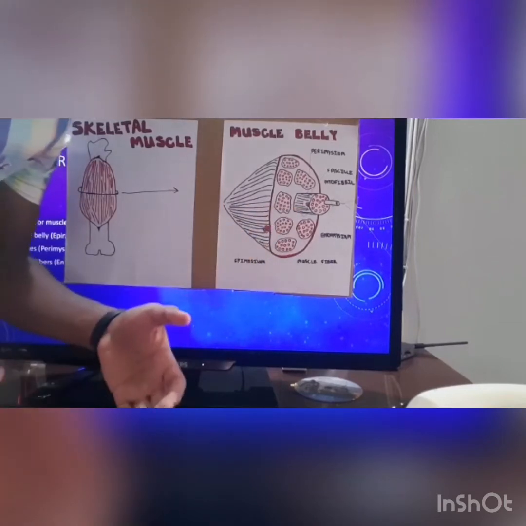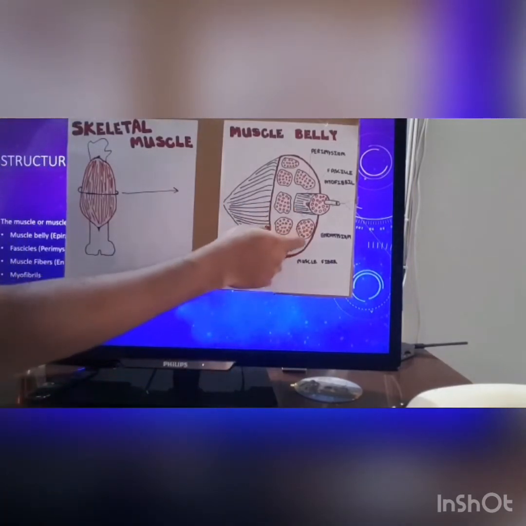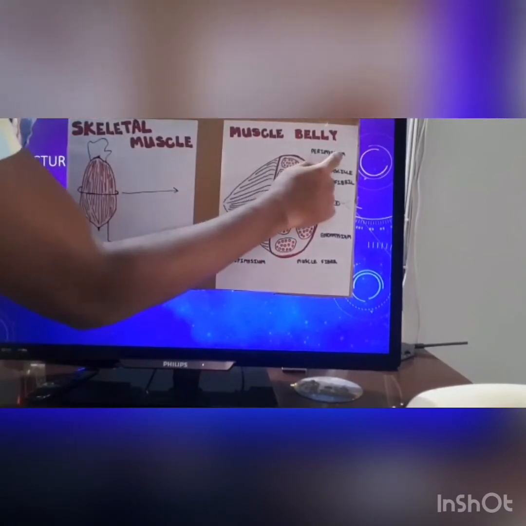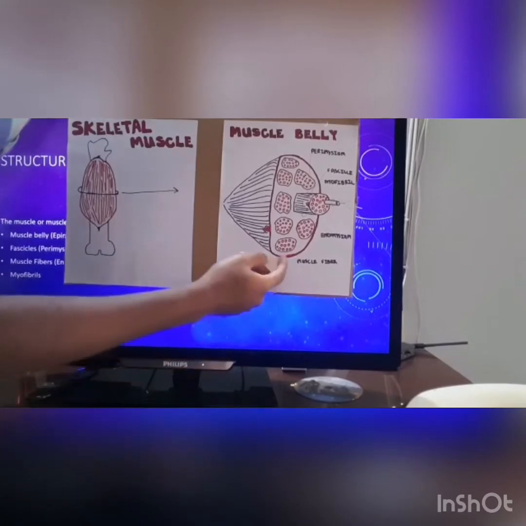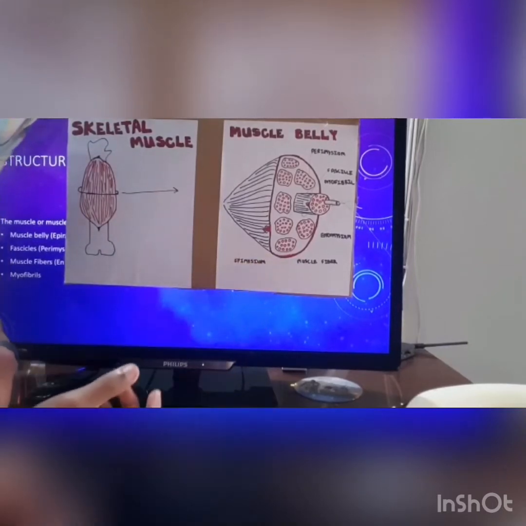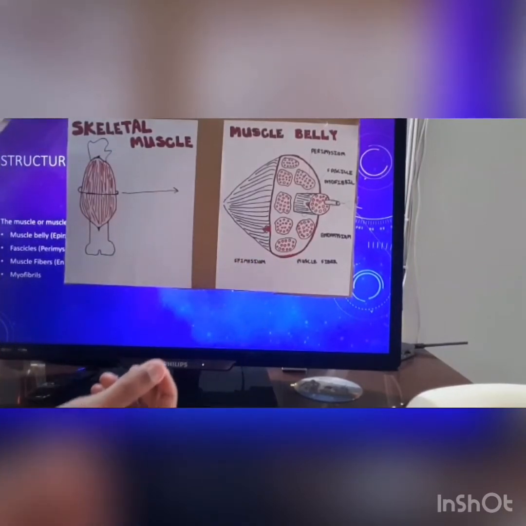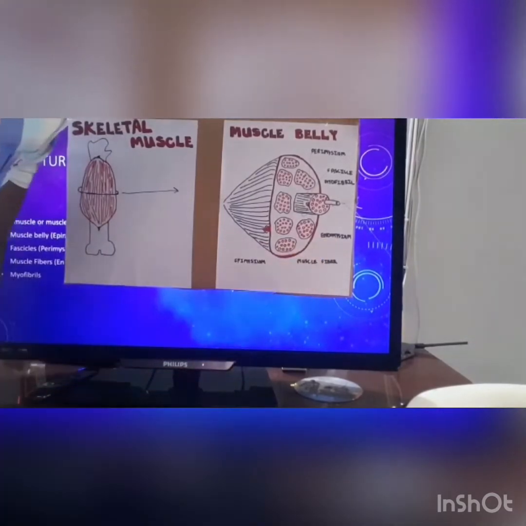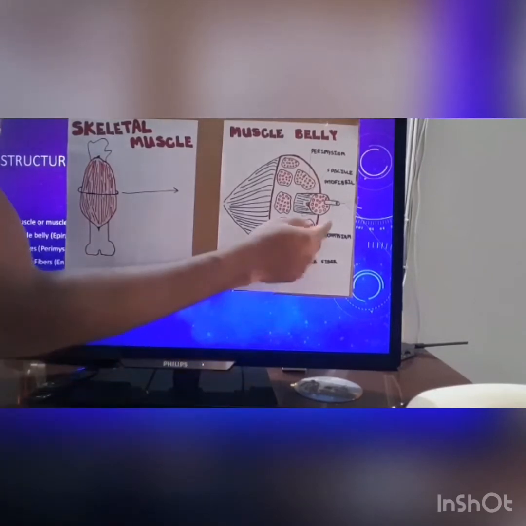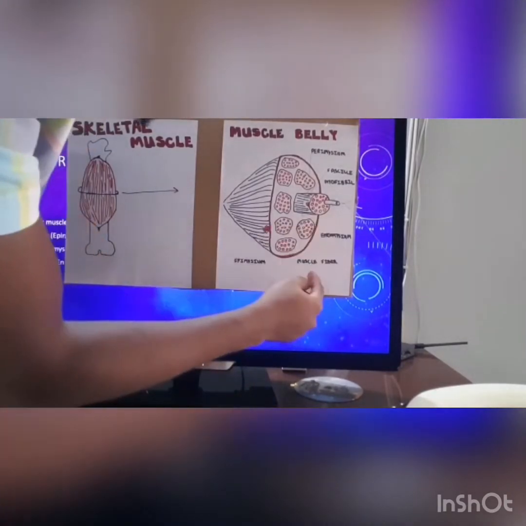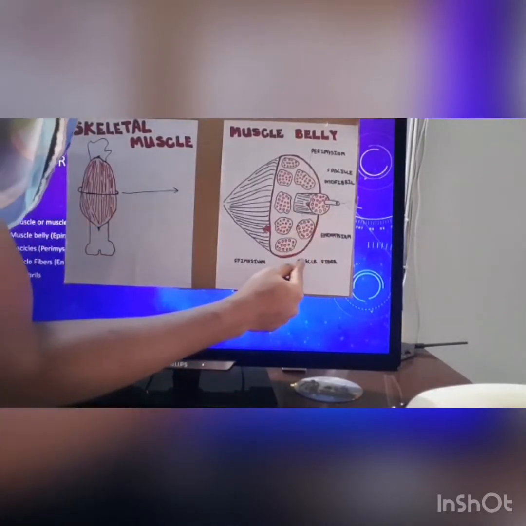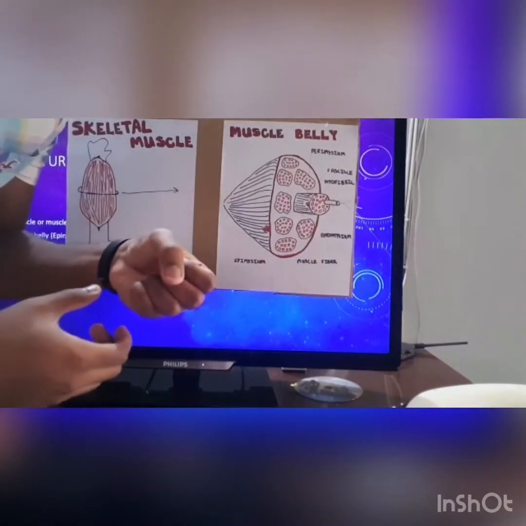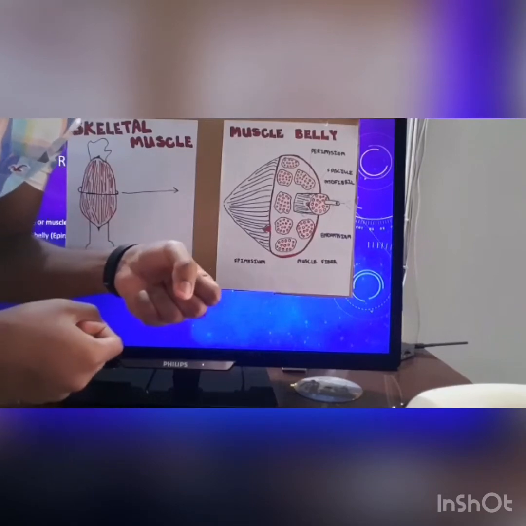These fascicles are also covered with a dense connective tissue which is called the perimysium. Inside the fascicle we have a number of muscle fibers which are also covered by another tissue called endomysium, and we'll go deeper into the muscle fiber at a micro level so you'll understand the different parts of the muscle, right?